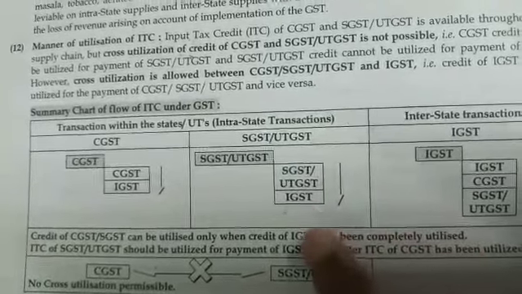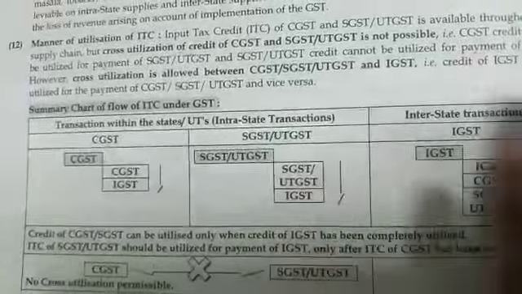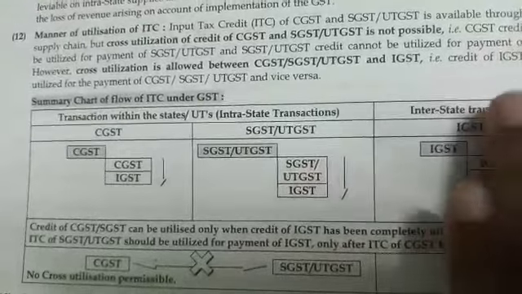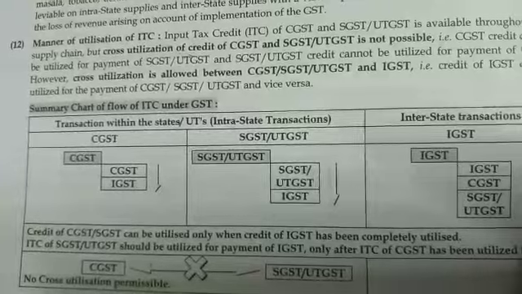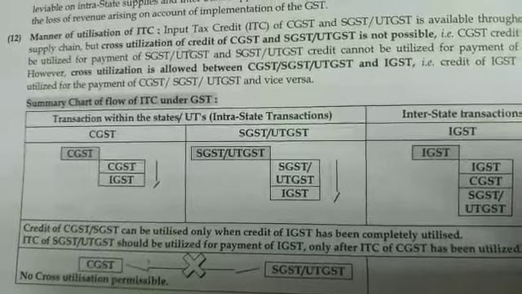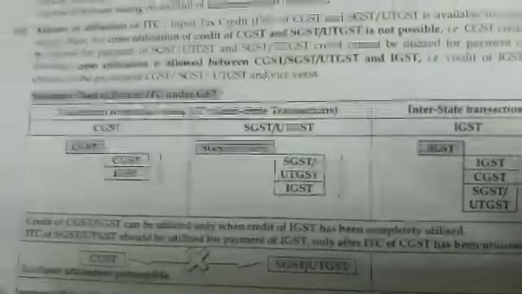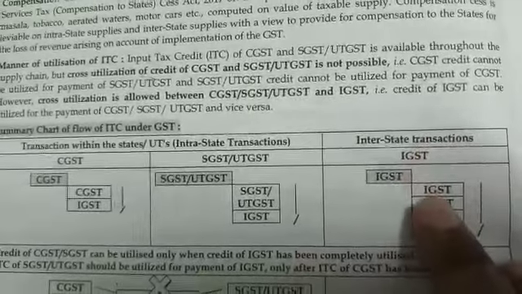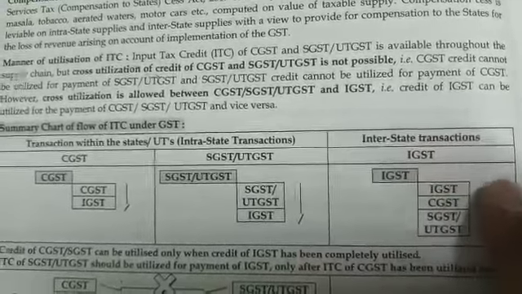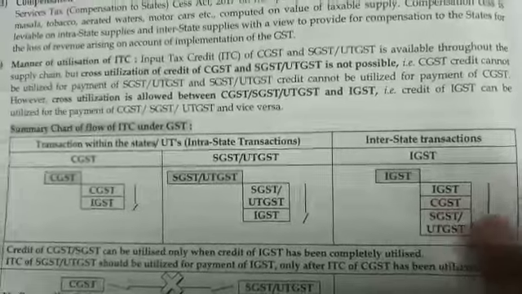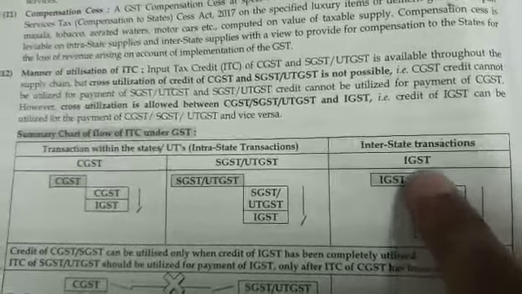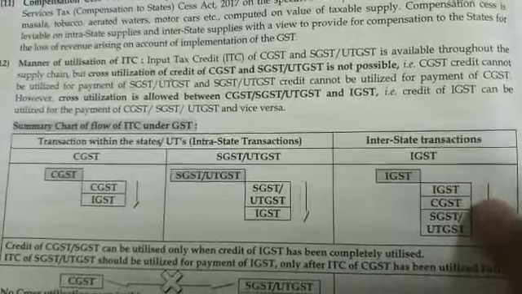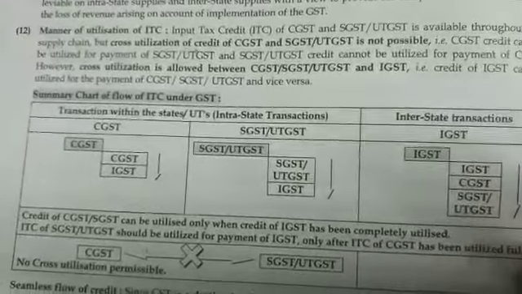So the seller can enjoy the credit of CGST or SGST when the credit of IGST has been completely utilized. After utilization of the IGST in full, then he can enjoy the credit of CGST and SGST. So first the credit of IGST has to be fully utilized and then credit of CGST and SGST is to be considered.